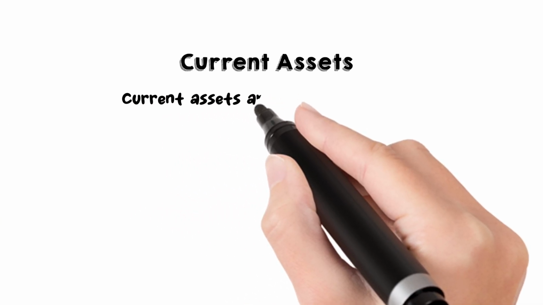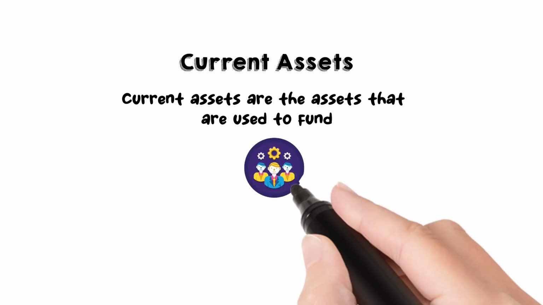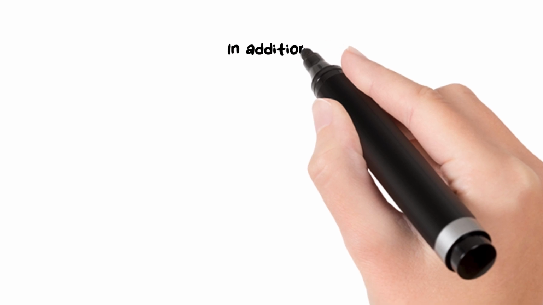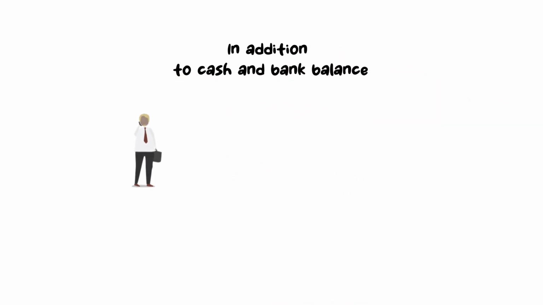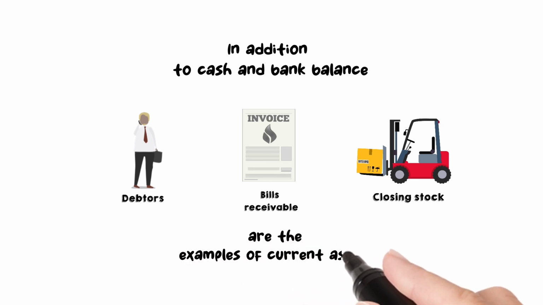Current assets. Current assets are the assets that are used to fund day-to-day operations and pay ongoing expenses. In addition to cash and bank balance, the debtors, bills receivable, and closing stock are examples of current assets.